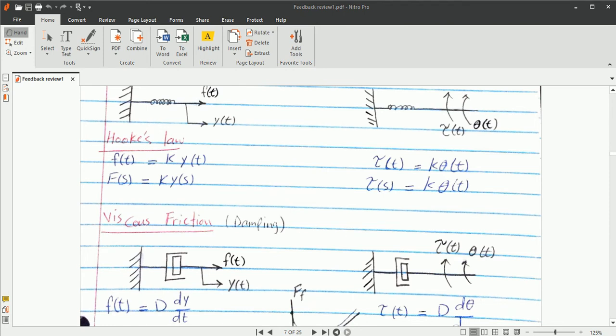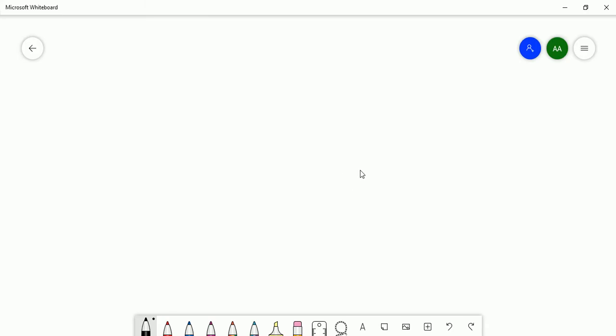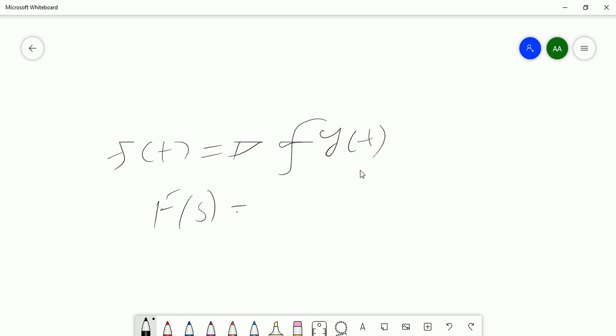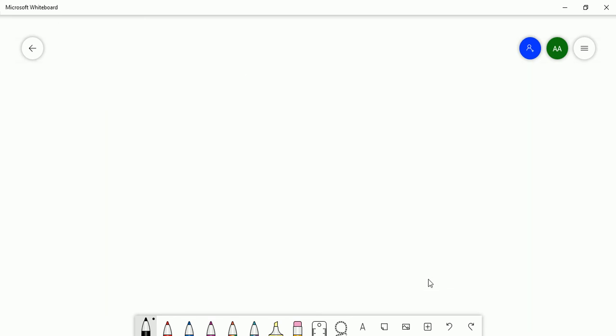If you have a function like f of t is equal to D into the integration of y of t, then f of s will be equal to D capital Y of s. Now s, is it multiplied or divided? Yes, for the integration, it will be divided. Okay, good. So let me clean the whiteboard.